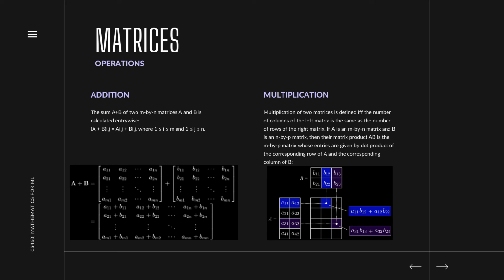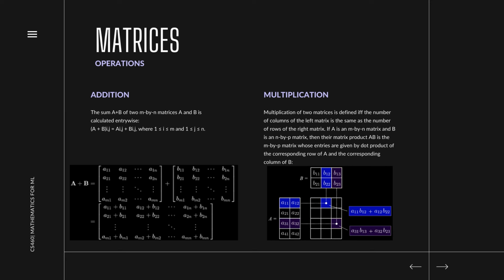Multiplication is only defined when the number of columns of the left matrix and the number of rows of the right matrix are equal. Else, multiplication of matrices is not possible.